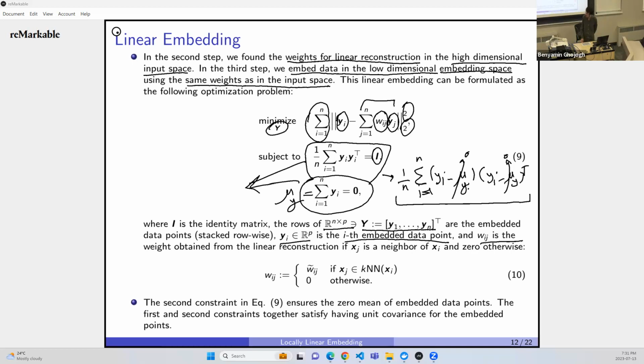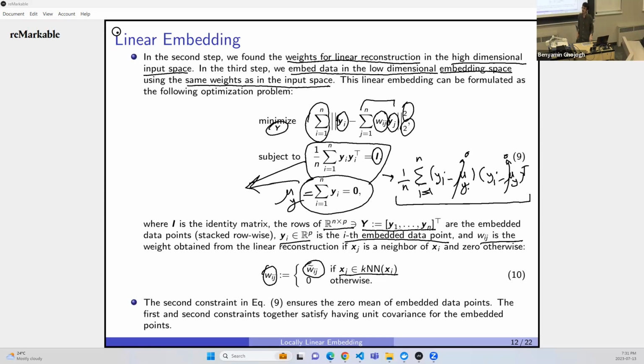W_ij, now this is the relation of W_ij and W_ij tilde, which I found in the second step. So I define W_ij to be W_ij tilde if x_j is one of the k-nearest neighbors of x_i, otherwise 0. Why do I do that? I want you to understand the difference of W_ij tilde and W_ij.